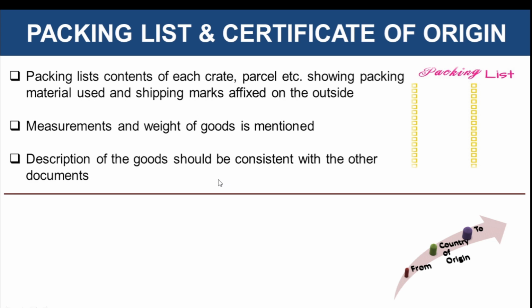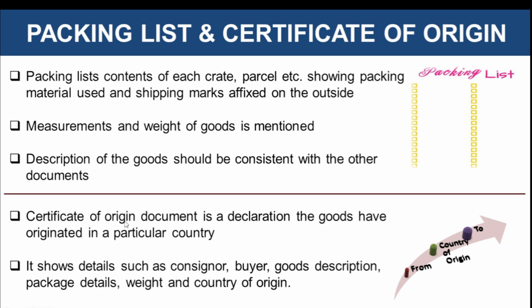As I said, this applies to all the documents: whatever description is given, it should be consistent with each document. The packing list should also specify what packing material is being used, and what the measurement and weight of the goods are. As I mentioned, the packing list gives an idea that a particular good in a particular quantity is being shipped from one country to another.